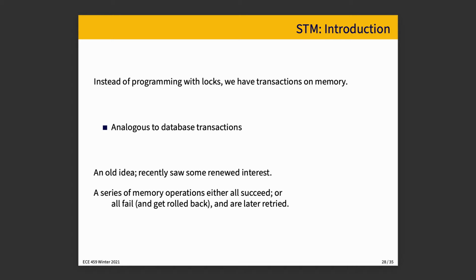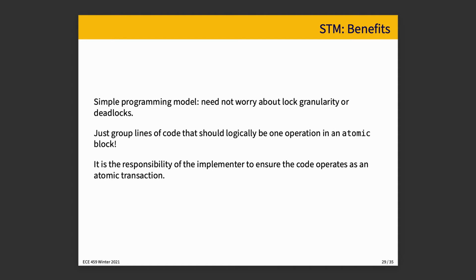We package things up as a series of memory operations all within one transaction, and either they all succeed or they fail and are later retried. It is potentially a simple programming model, and we have a couple of examples of how to do it. There's a library for this in Rust, although I can't necessarily vouch for its quality or usefulness.